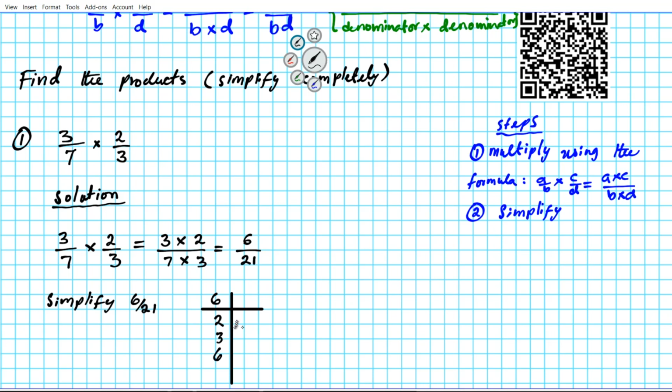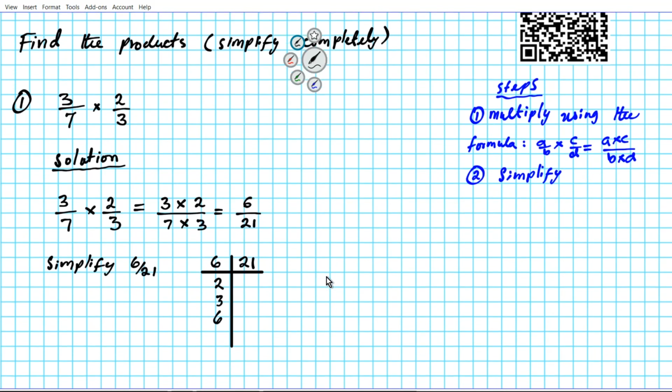And then let's list the factors of 21 up to 6. So what are the factors of 21? 3, 7. Oh, we could stop there. If we just put 21, it doesn't really matter. But we can stop at 7 because any number bigger than 6 cannot be a factor of 6.